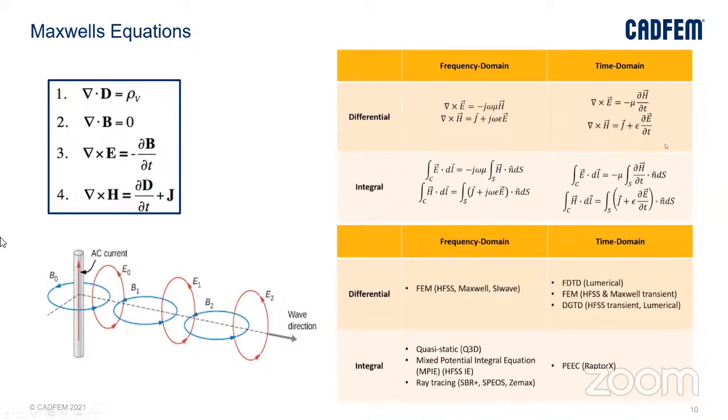The curl of the electric field is creating a magnetic field over here, and the curl of the magnetic field is creating an electric field over here. D is nothing but epsilon times E, and B is nothing but mu times H. So the time varying behavior of one field is creating the other field.